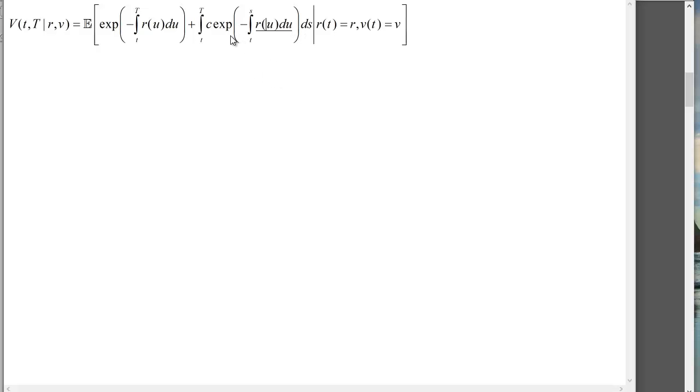Okay, so this is the formula that would be valid for the coupon bond with zero default risk. If you had default risk involved, that might be even more complicated.